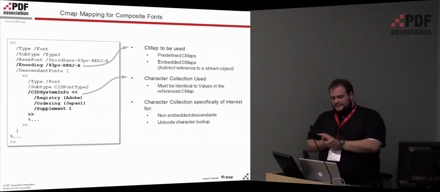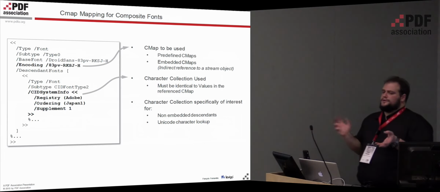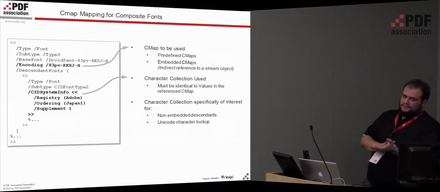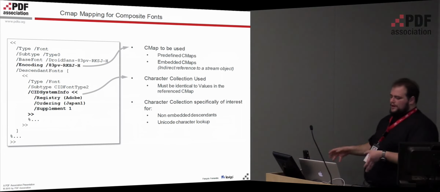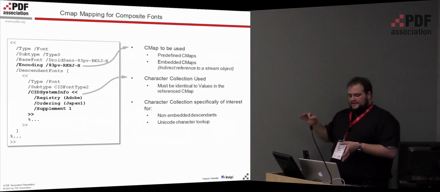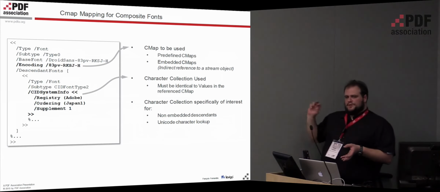And there are a lot of predefined CMAPs, and it's possible to create your own and embed that into the PDF document. This makes it quite powerful. And then we have the descendant fonts, which is pretty much our target.